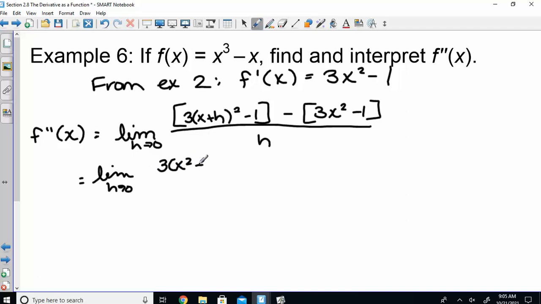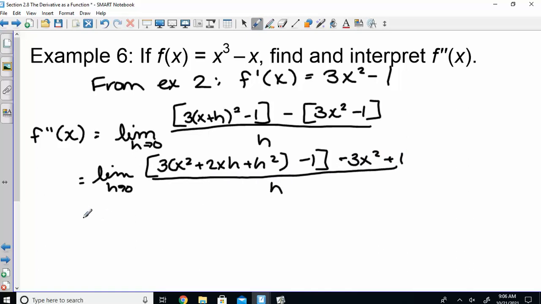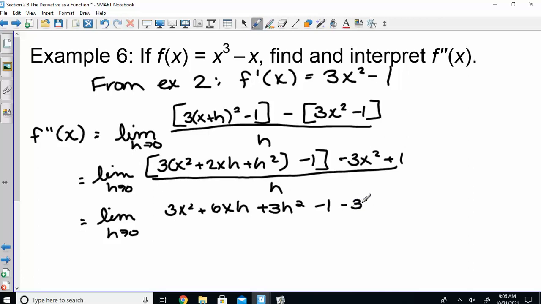Okay. So if you square that, and then if we distribute, we get 3x squared plus 6xh plus 3h squared minus 1 minus the 3x squared and plus 1, divided by h.